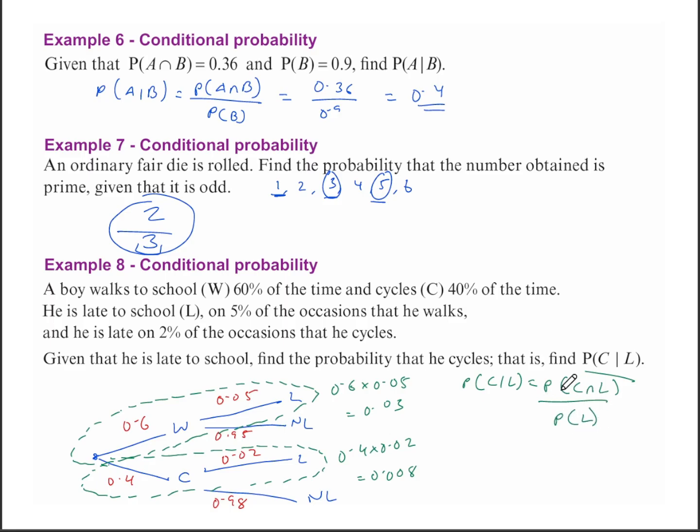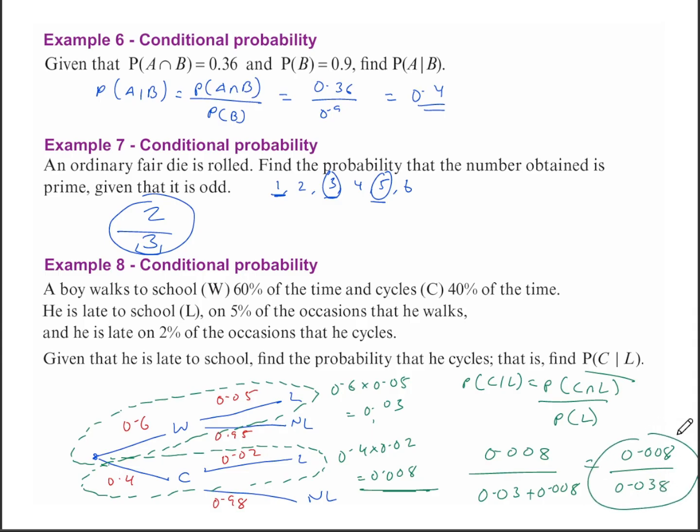The probability of him cycling and being late is this here, which is 0.008. And the probability of him being late generally is these two options. So 0.03 plus 0.008, which gives you 0.038. So 0.008 divided by 0.038, and that's going to be the probability. We can simplify it, and that will give us 4/19. That is going to be the probability that he cycles given that he's late to school.